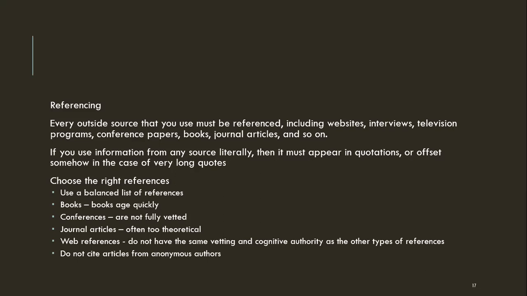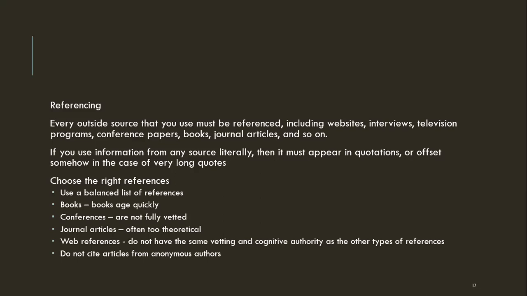Books are quickly referenceable because they are accessible and easy. If you go into a library, you can read a book, but then it takes time, right? Then there are conferences. You can attend related conferences and gather information, but they are not fully vetted.